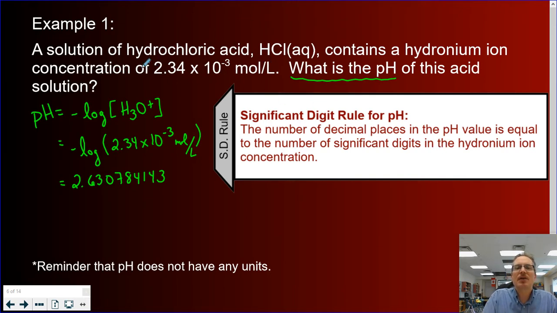So my hydronium ion concentration was 2.34, 3 sig digs, which means I'm going to be allowed in pH 3 decimal places, which means I'm going to record this number as 2.631 because this 7 is going to round up my 0 to a 1. So I have 3 total significant digits for concentration. Therefore, I'm going to have 3 decimal places for pH.